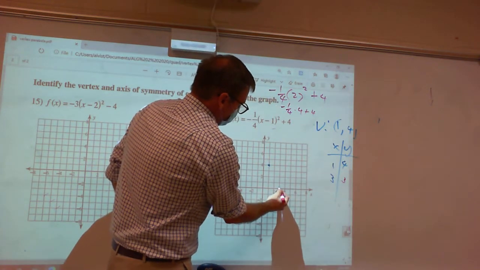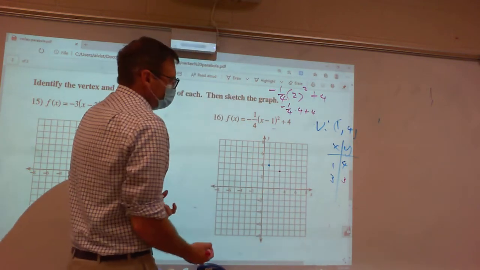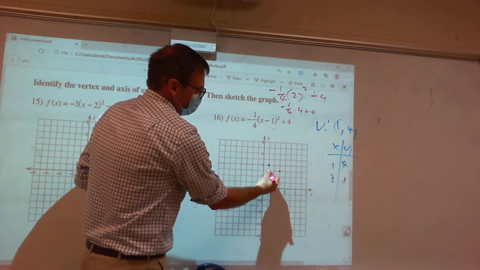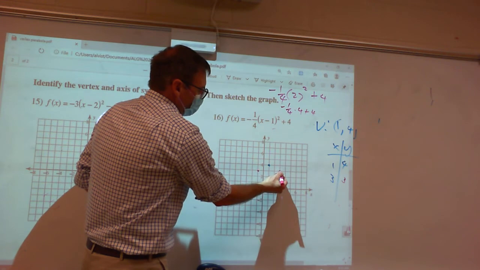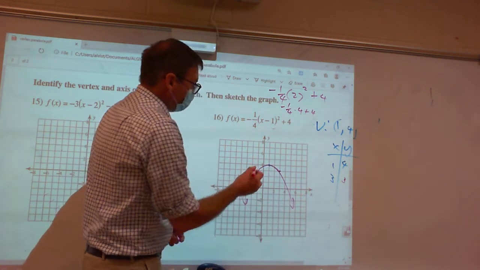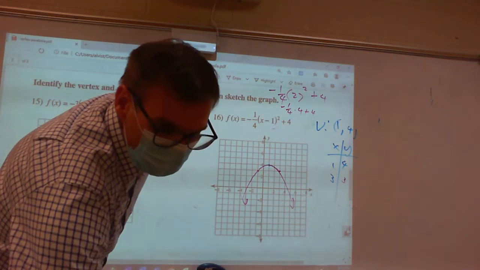So at 3, I'm at 3. Now once you've got this dot, notice it's like I went down 1 over 2. So I'm going to go down 1 over 2 this way. And I'm going to do the best I can to draw my little parabola. And that's what I expect for these.